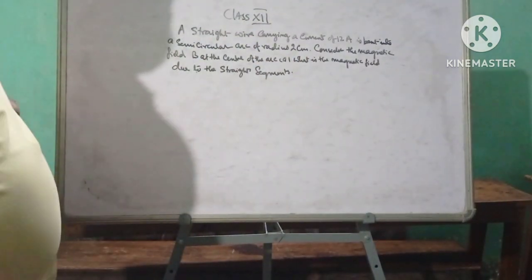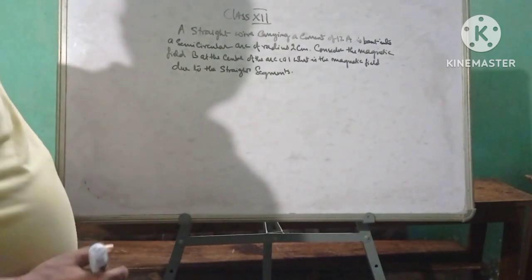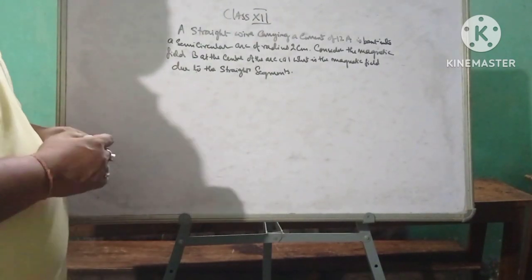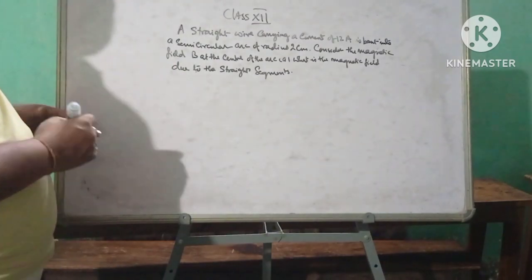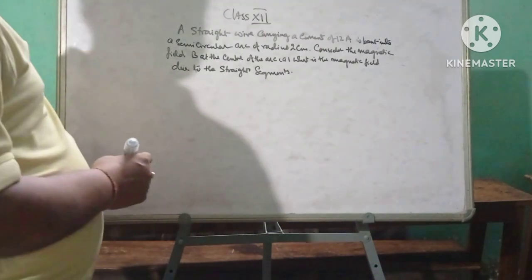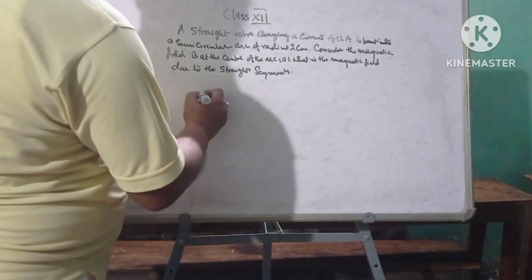That is, a straight wire carrying a current of 12 ampere is bent into a semicircular arc of radius 2 centimeter. Consider the magnetic field B at the center of the arc. What is the magnetic field due to the straight segment? Here the figure is like this.